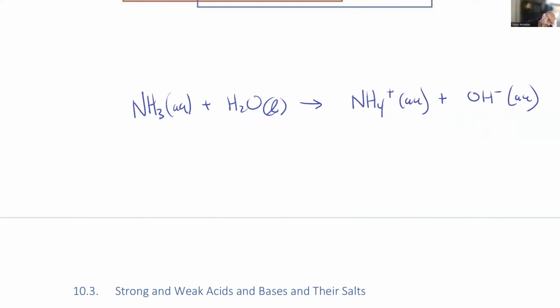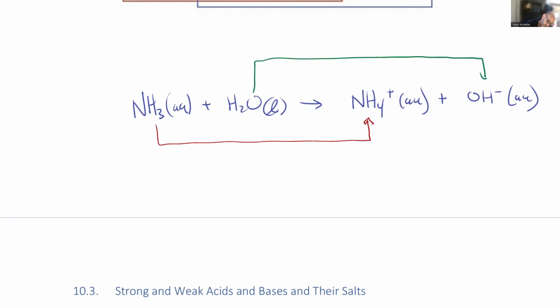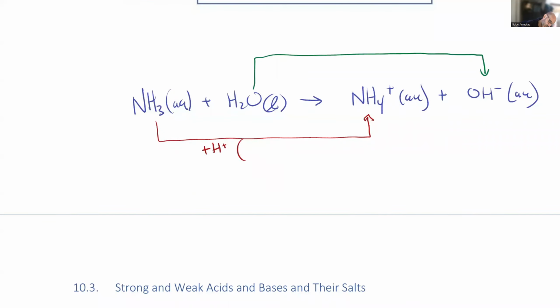So in this case, NH3 goes to the other nitrogen compound, and water goes to the OH minus. So what we notice is this goes from NH3 to NH4 plus, so plus H plus, so it gained, or I should say not gained, but accepted.